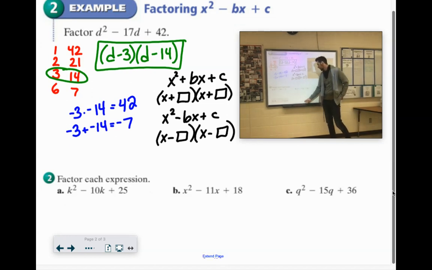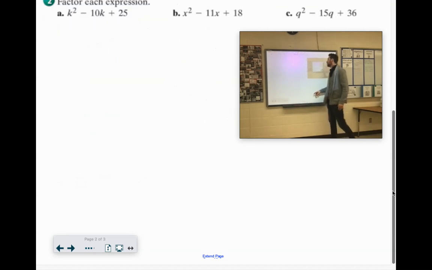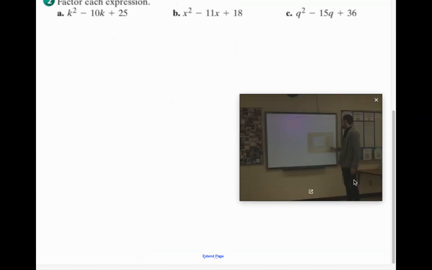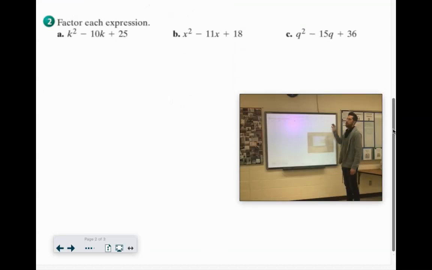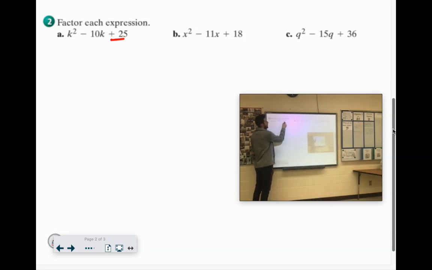Okay, here we got some more. And you'll just start remembering the pattern here in a little while. But the important thing is anytime it ends with a plus, they have to both be the same symbol. So this ends in plus, so they have to both be the same.